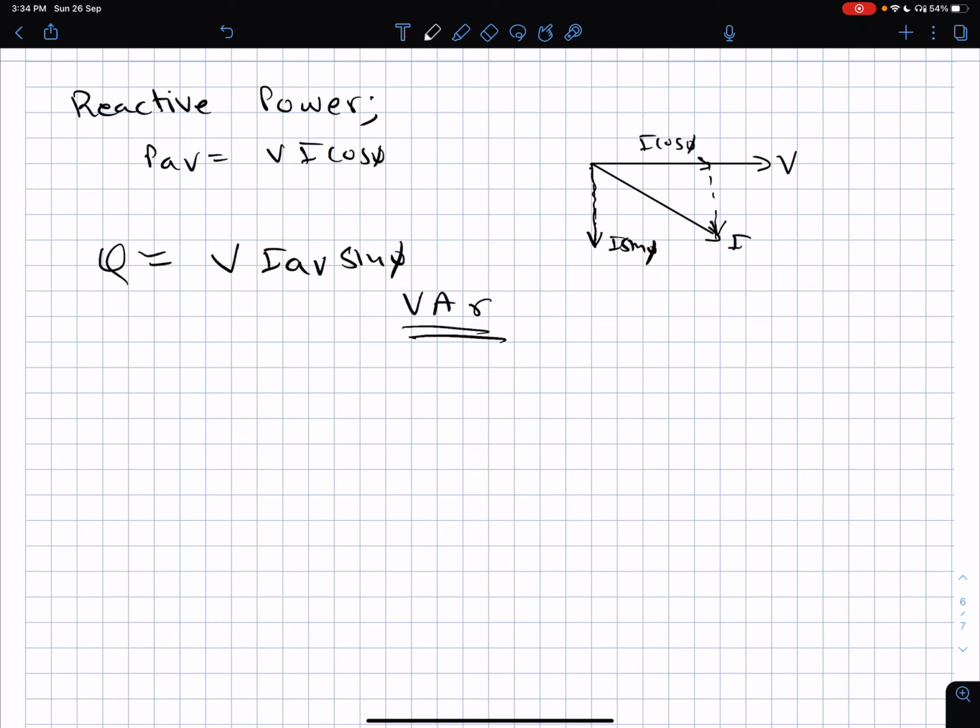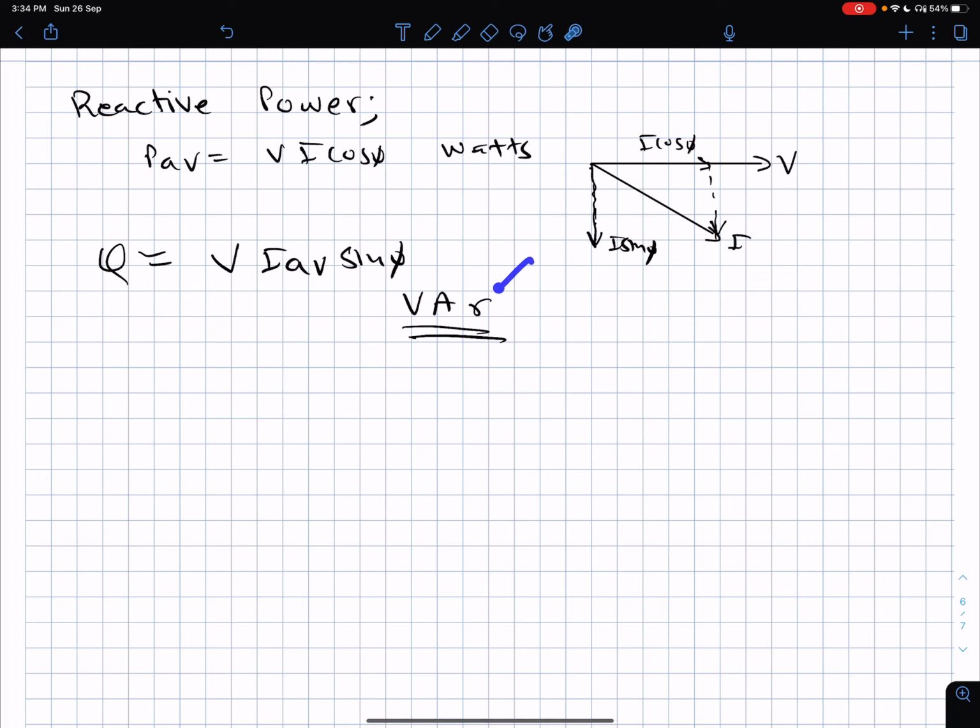So the unit of this is watts. We don't want to write these units as watts because it has zero average. This is the component that we could not produce any work. Average work was produced as if the current was in phase with V and had a value of I cos phi, and the quadrature component is the one which completely did not help produce any average work.